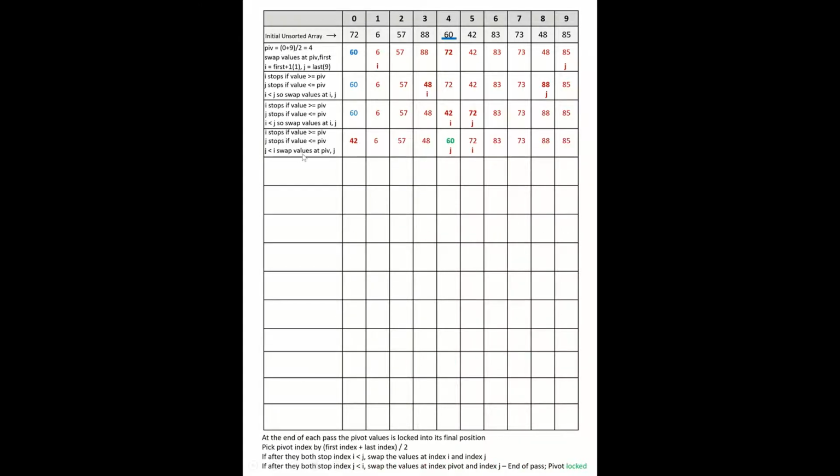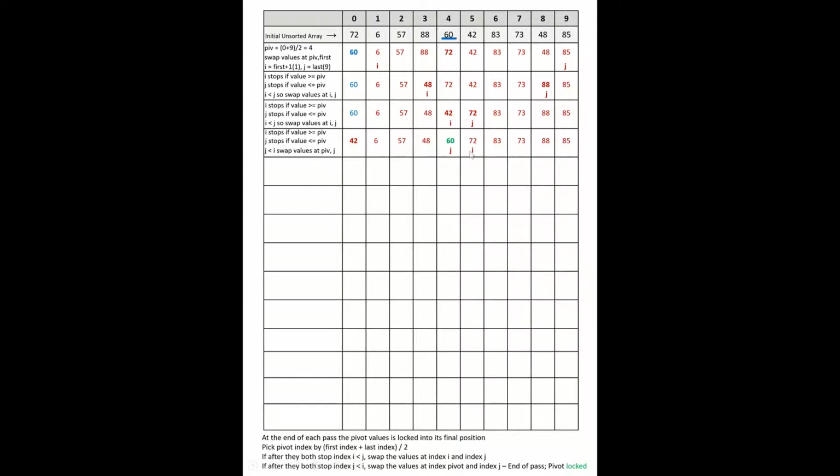So we swap the values at pivot and J, and the pivot, number 60, is now in its final location in the array. It just so happens that that coincides with where it was originally, but the pivot is now locked in. Okay, so once again, why did that happen?